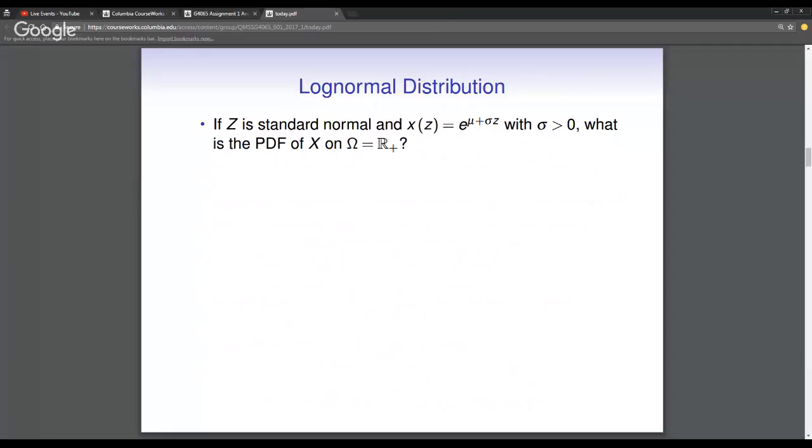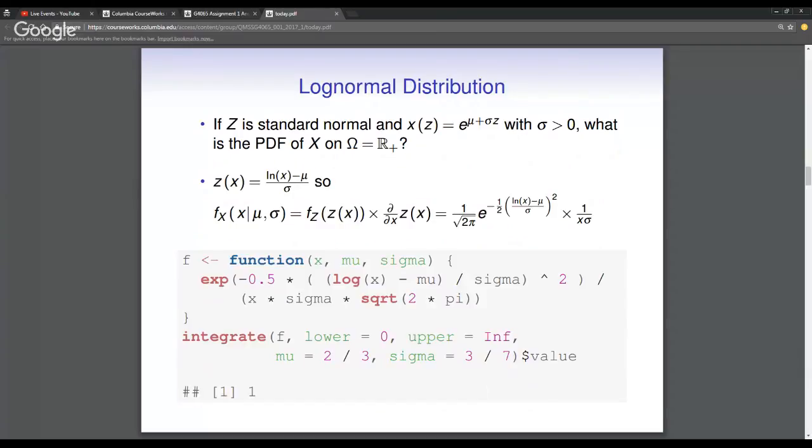Write the PDF of the standard normal distribution in terms of x. And then the last step is to multiply by the derivative of z in terms of x with respect to x.